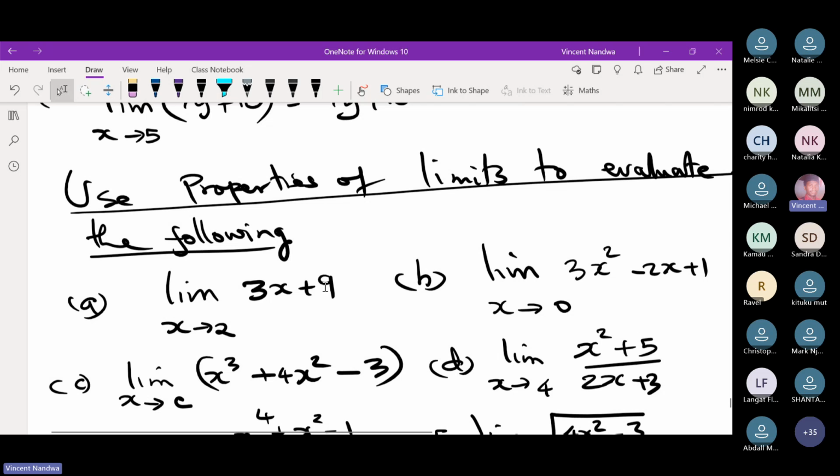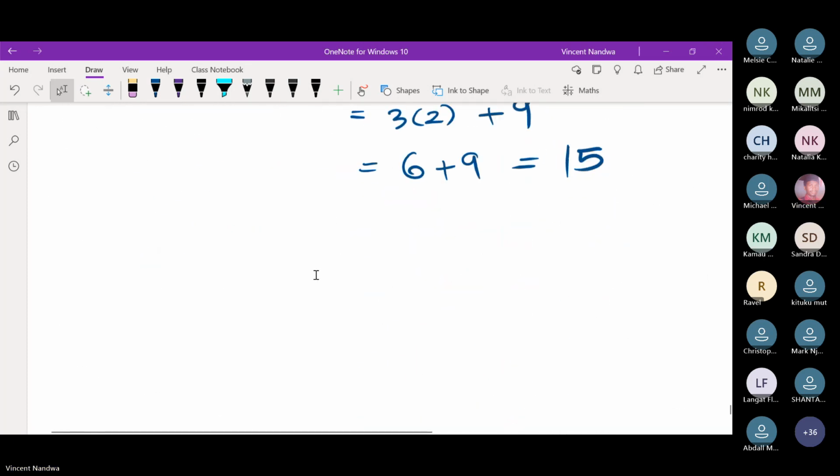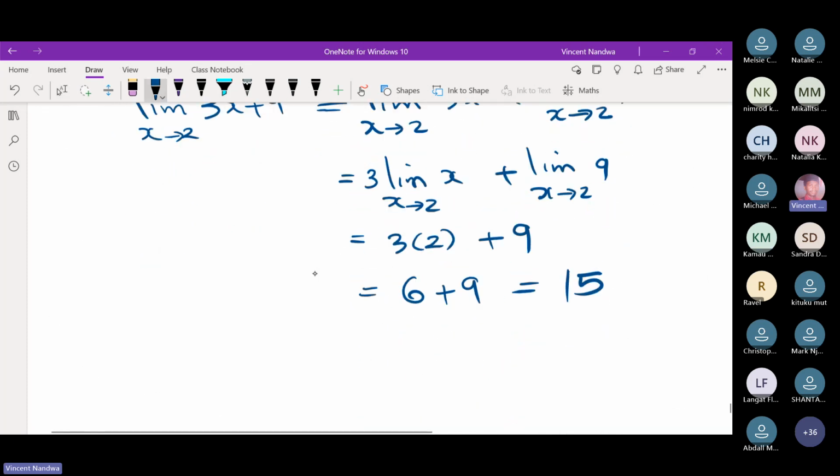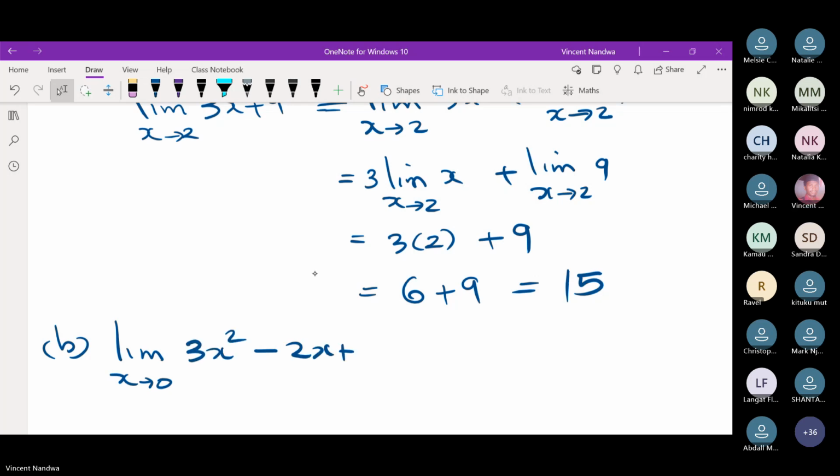And then the next one is limit as x approaches 0 of 3x squared minus 2x plus 1.